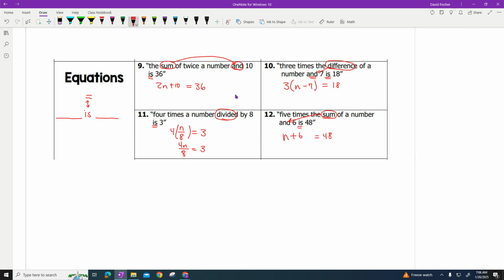Now I want 5 times that amount. So that means it's one of those parenthesis phrases. I think both of these are looking for those parentheses. All right, I like both of those.